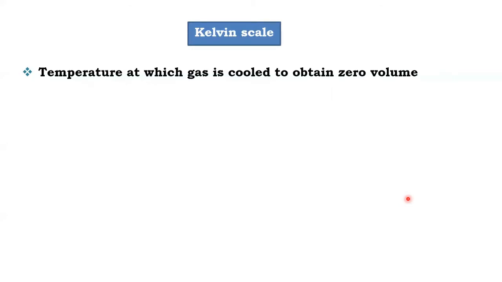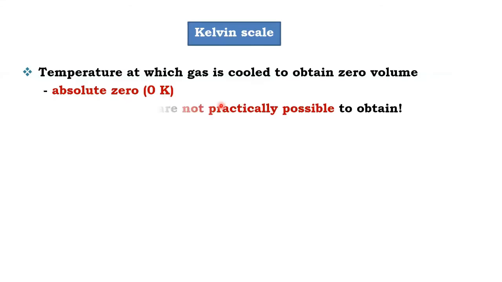So even if we take a few gas and compress it to a very small place, still there will be some volume or the other. It can never be zero, right? So what's the next point? That is called absolute zero or zero Kelvin. Okay, but that's not possible, right?